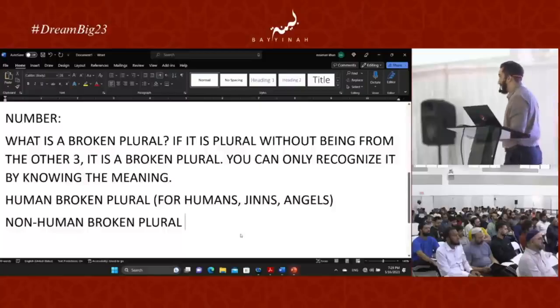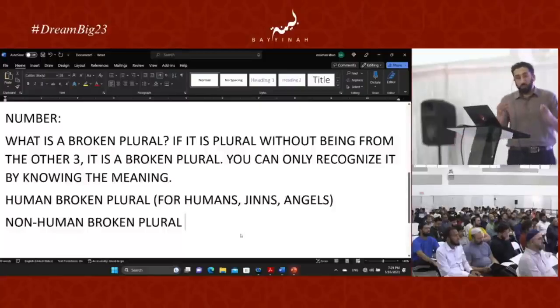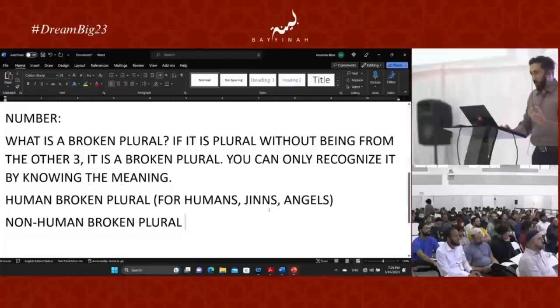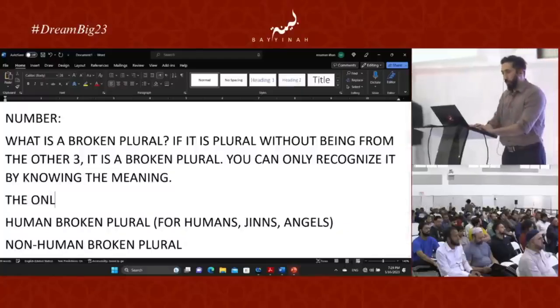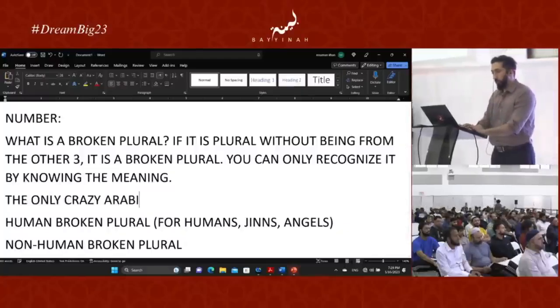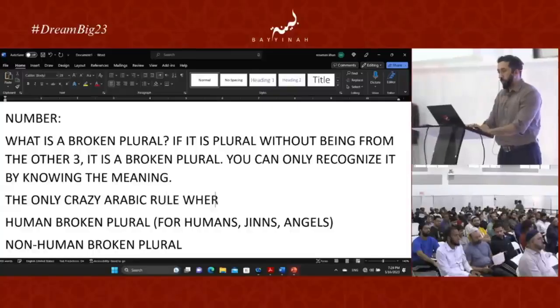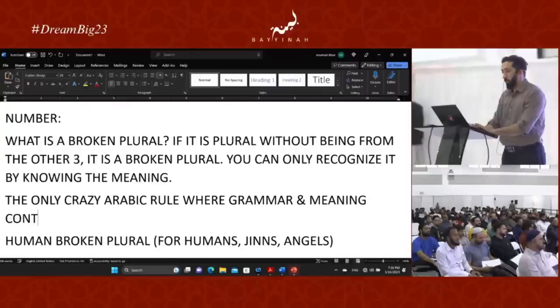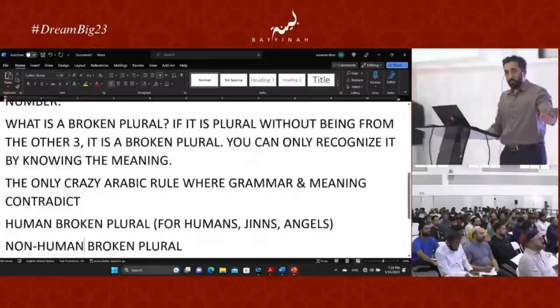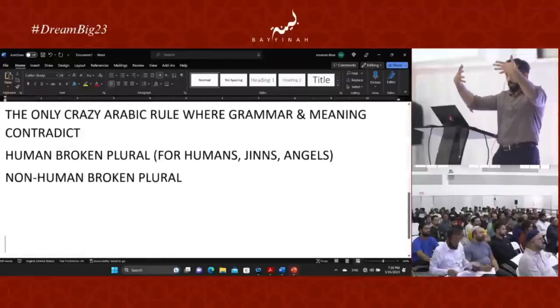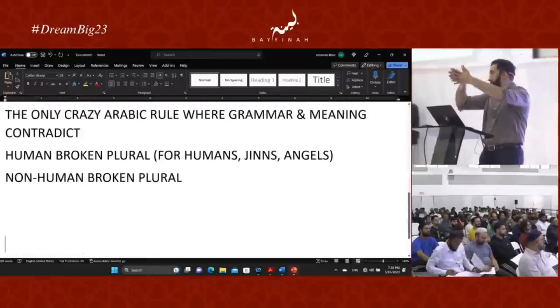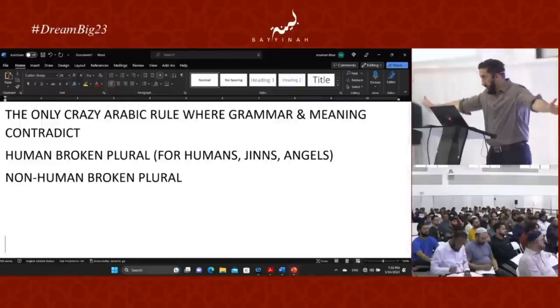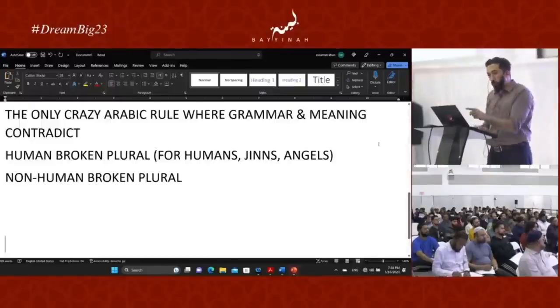Now, if you want to summarize what the Arabs do, I'm going to put this here: the only crazy Arabic rule where grammar and meaning contradict. The grammar is saying one thing, the meaning is saying something else. Usually, grammar and meaning go together, but in some cases they contradict.